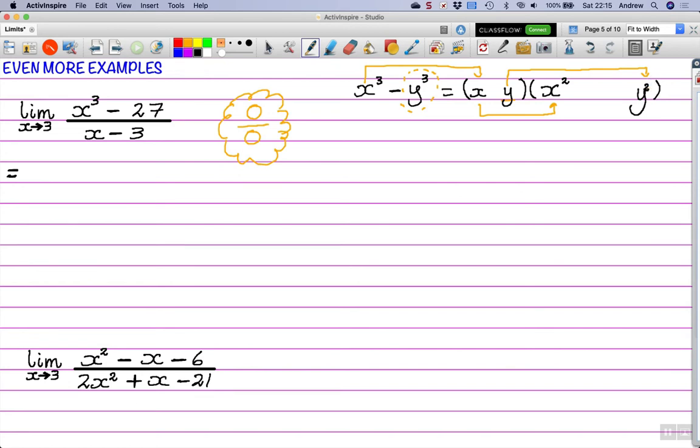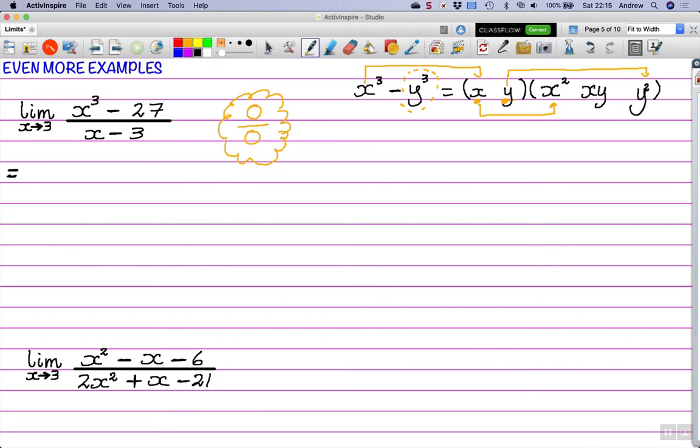Now, how do you get the middle term? Well, to get the middle term, it's the product of the 2 terms in the first bracket. So we've got the product of these 2 terms, which is the product of x and y. So we end up writing xy.